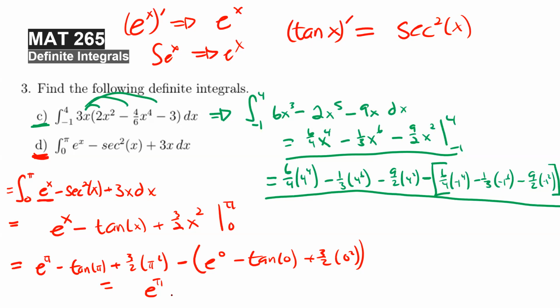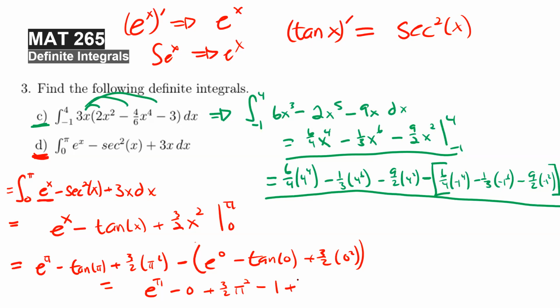Pretty sure tangent pi is 0. So we have 3/2 pi squared. Don't be concerned when you see pi getting squared or cubed; just treat it like any other number. e to the 0 is 1, and tangent 0 is 0.